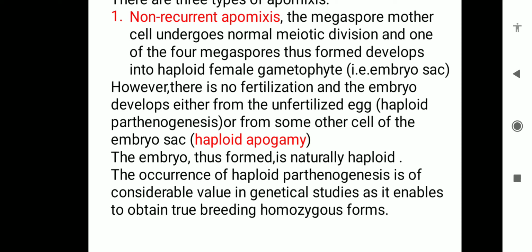However, when without fertilization, when the embryo develop from any unfertilized egg, also called as haploid parthenogenesis, okay, this is called as haploid एपोगैमी. क्या बोलेंगे, हैप्लॉइड एपोगैमी बोलेंगे आप इसको.